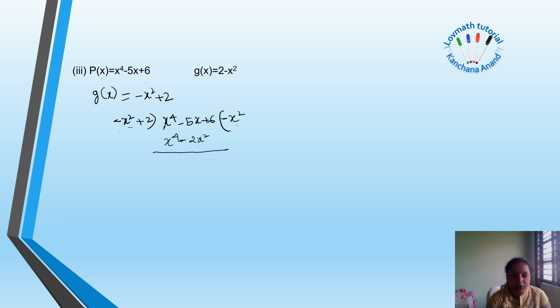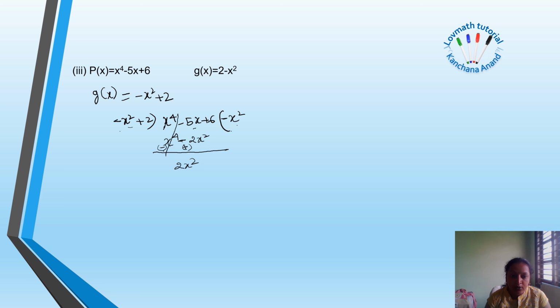So here plus into minus becomes minus and here minus into plus becomes plus. Sorry, minus into minus becomes plus. Therefore here plus x to the power of 4 and minus x to the power of 4 get cancelled. We will write this plus 2x square as it is. And here the remainder is plus 2x square.